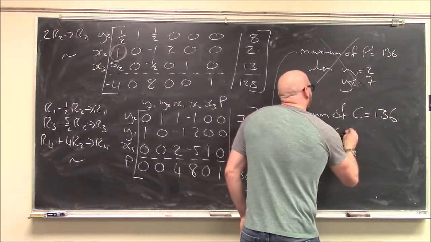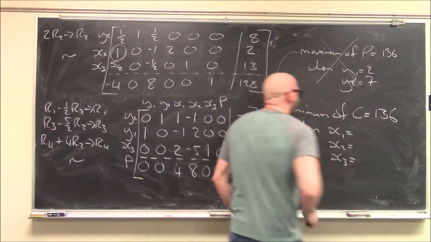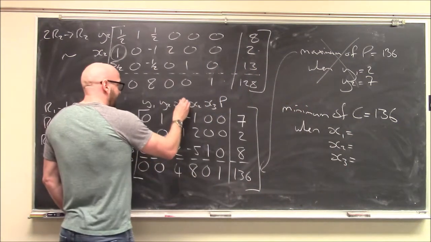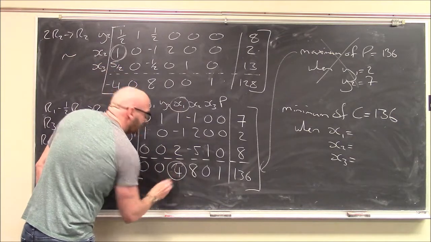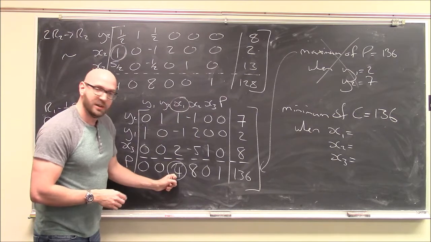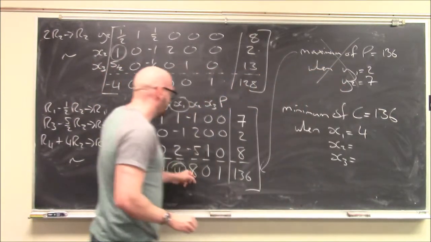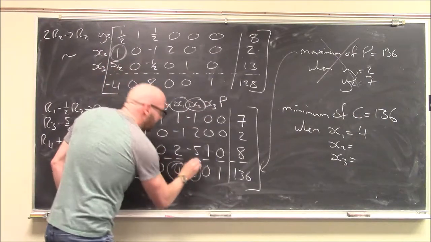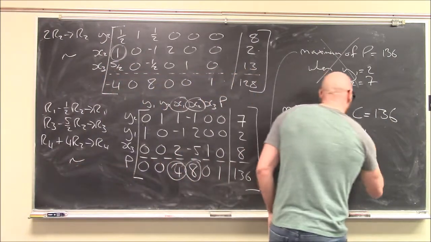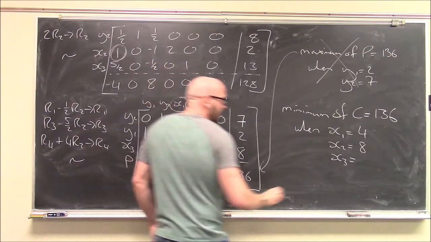It's the numbers at the bottom. So it's when x1 equals 4, when x2 equals 8, and when x3 equals 0.